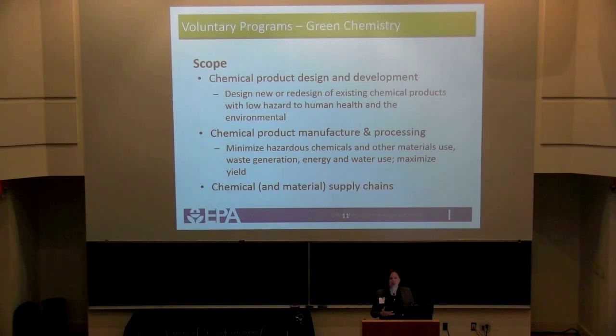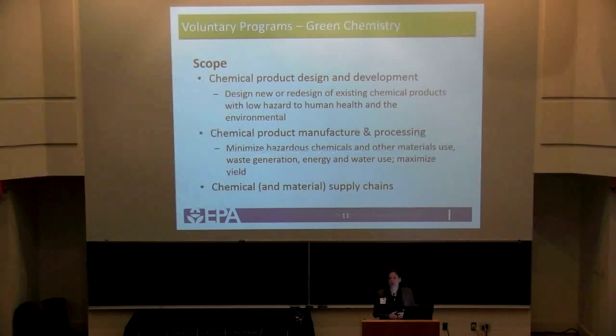In terms of the scope, we do tend to look at it in terms of a couple of different focus areas. One is looking at an actual chemical product, so looking very upfront at the design and development of safer chemical products. So again, looking at those to reduce their particular inherent hazard or risk.